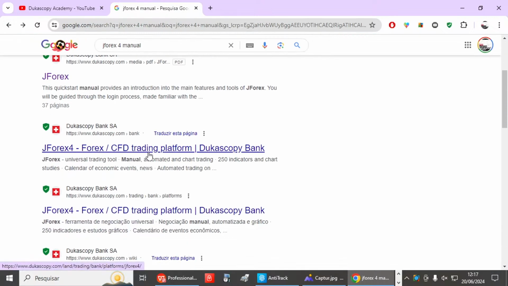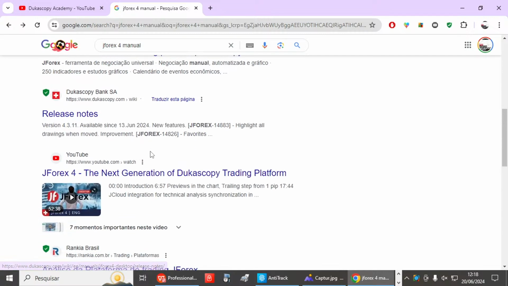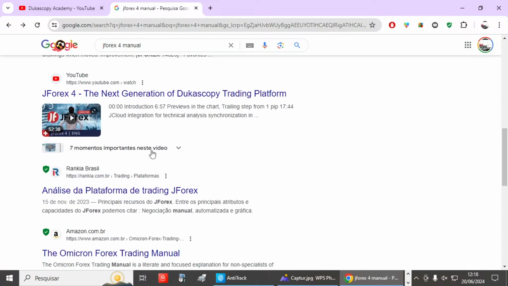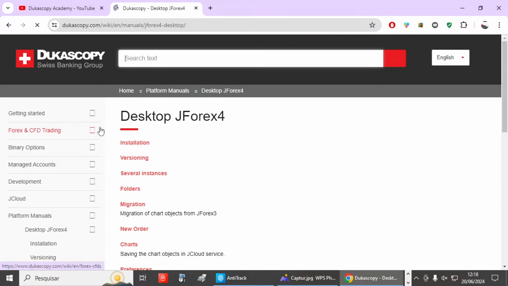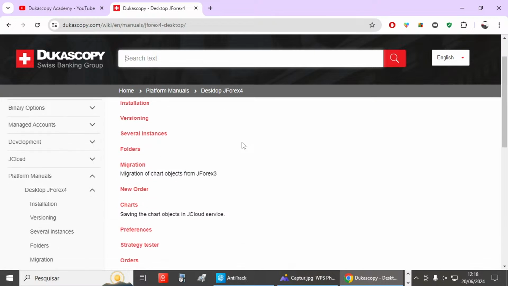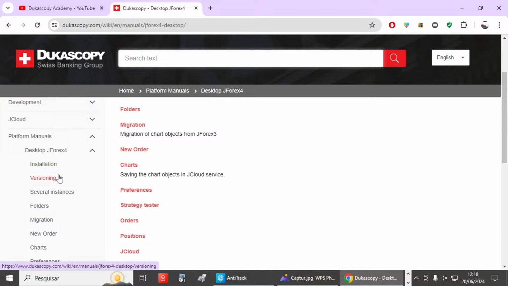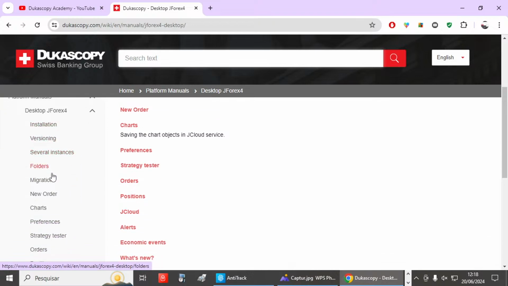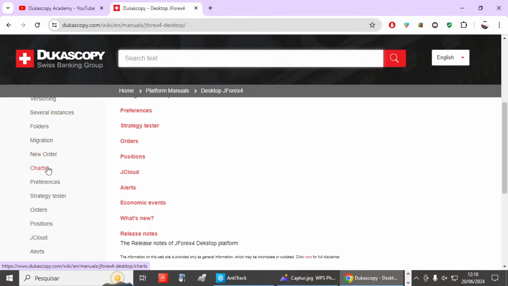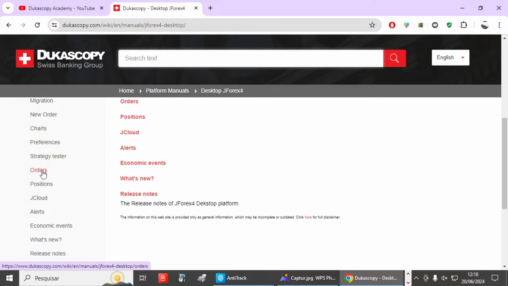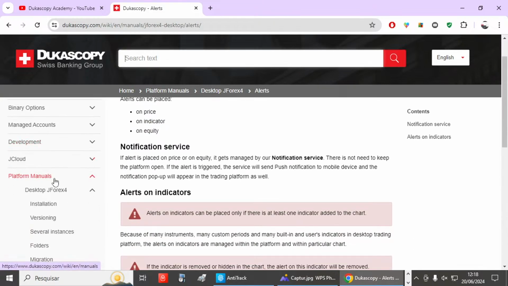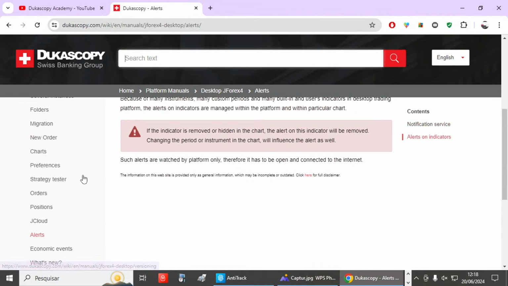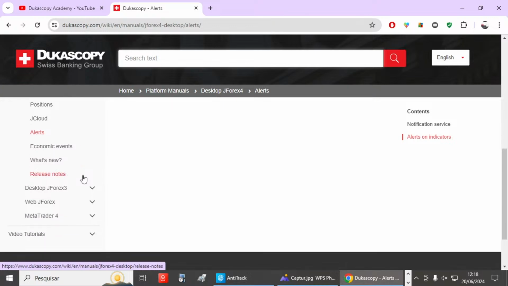JForex manual, JForex 4, desktop JForex 4, installation, versioning, several folders, migration, new orders. Oh, you have here preferences, strategy, orders, positions, alerts, economic, what's new. Alright, everybody, you have everything, add indicators.